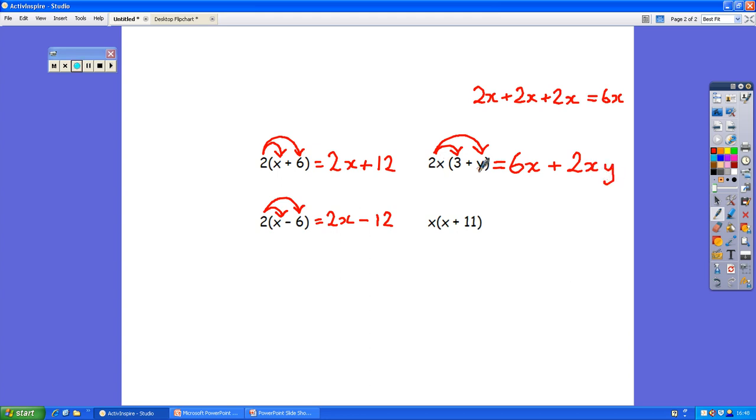Because we know we're multiplying these things, but we never write the times sign. So it just becomes 2xy. And finally, x multiplies by the x to give x squared, and x multiplies by the 11 to give 11x. So there are some examples.